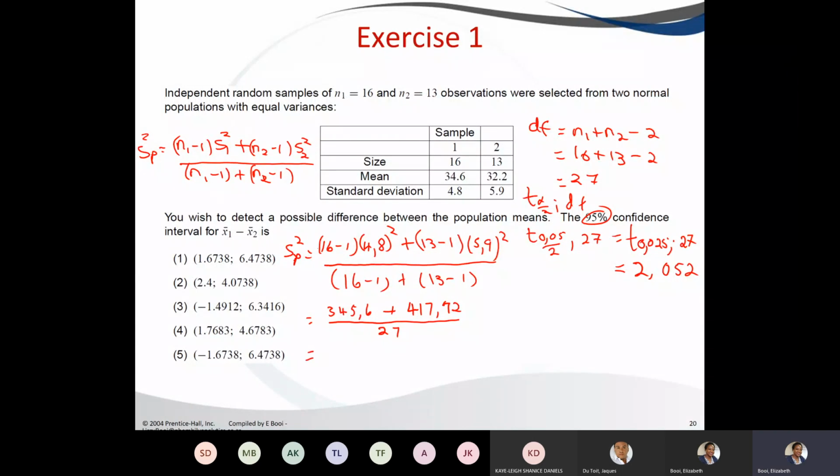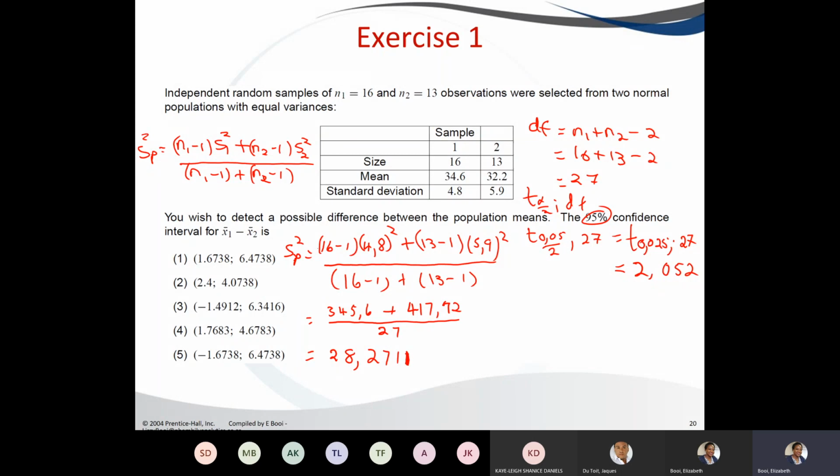To get the answer for this, we have 345,6 plus 717,72, divided by 27. The answer I get is 28.2711. Agree? Are we all on the same page? And that is the pooled variance.